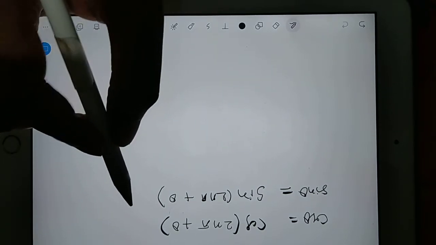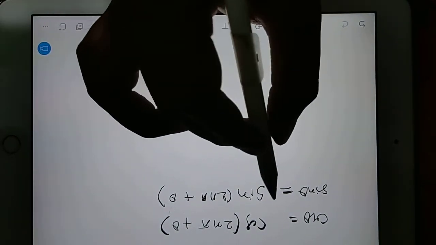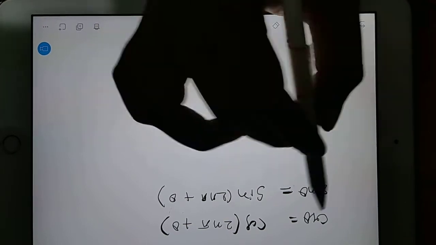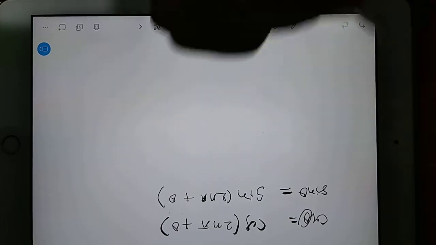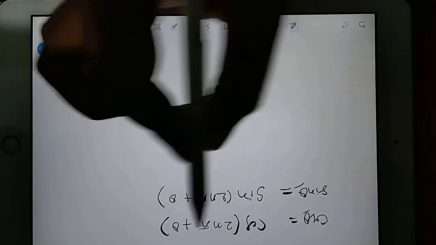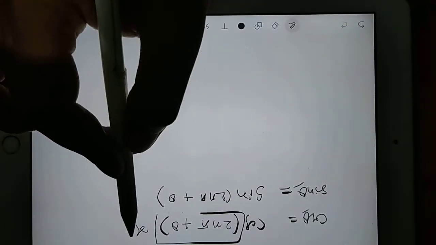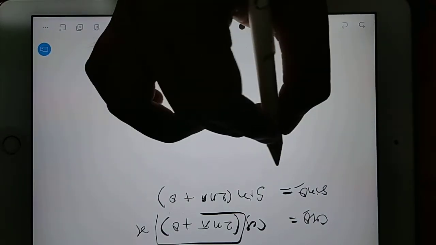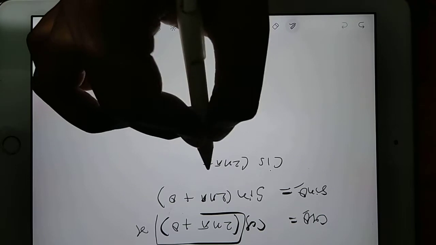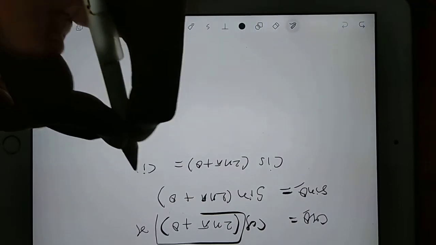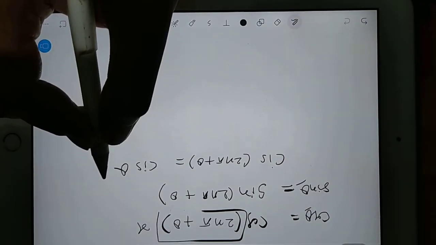So you can also apply this concept for cis, because it is only about theta. If you can make your equation in terms of theta, this can be any angle. Suppose this angle is x, so you write cis(2n pi plus theta) is equal to cis theta. This is also valid here.